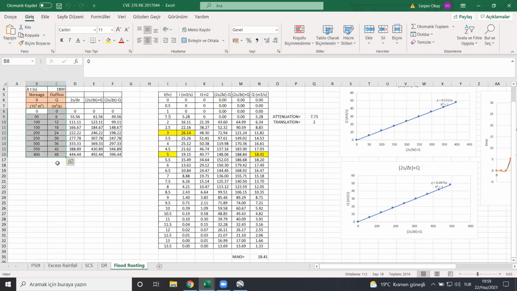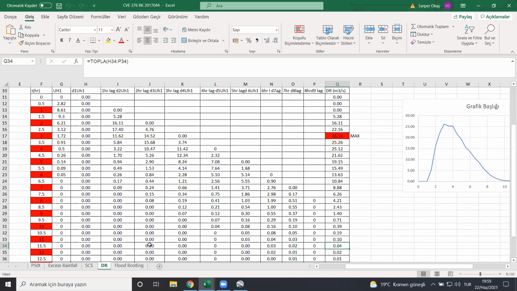We're lucky. So once you get these storage and discharge values, you need to calculate 2S divided by delta t, 2S divided by delta t plus Q, and 2S divided by delta t minus Q. How can you do it? This delta t value is 1,800 seconds.